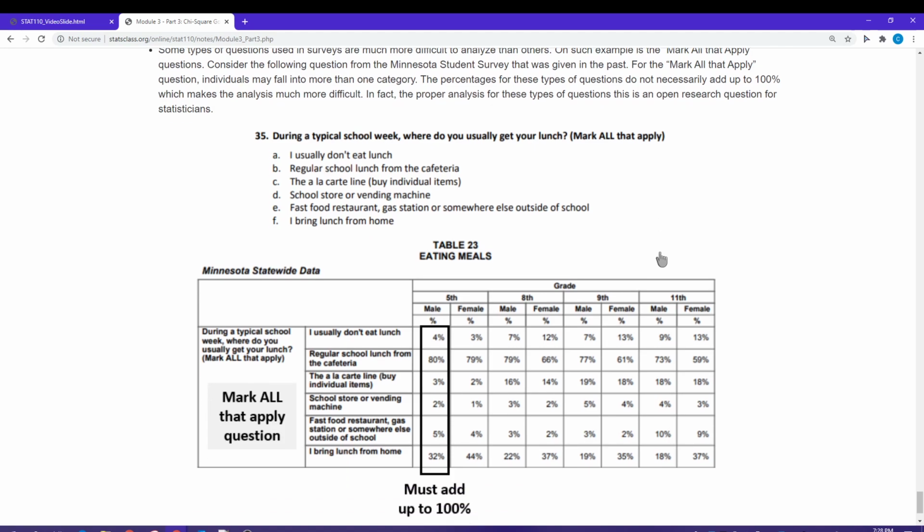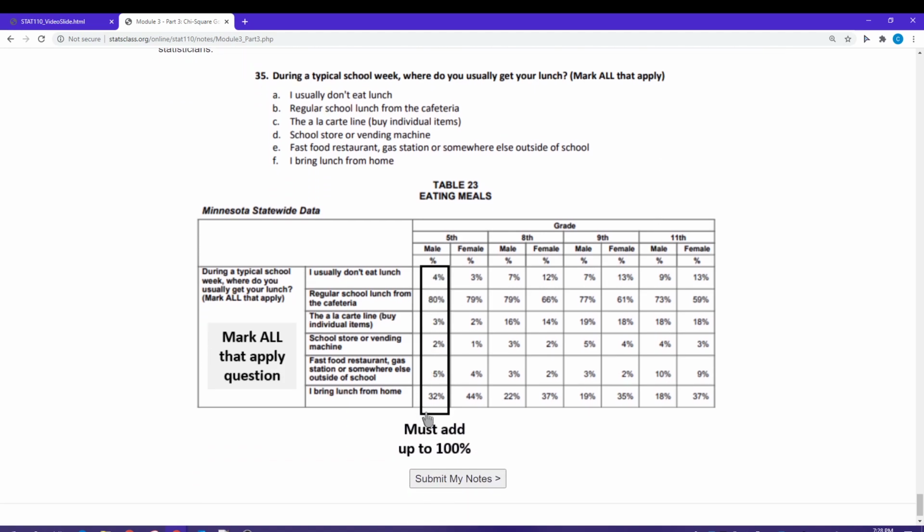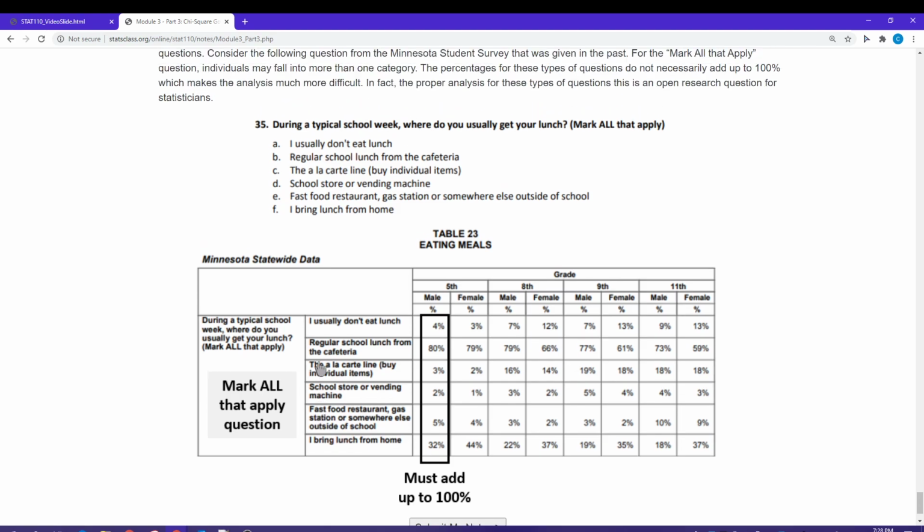In this type of question, the percentages could exceed 100%, because students are allowed to select more than one category. Again, a chi-square goodness of fit test cannot be used with this type of data. One restriction for a chi-square goodness of fit test is that the percentages all add up to 100%.